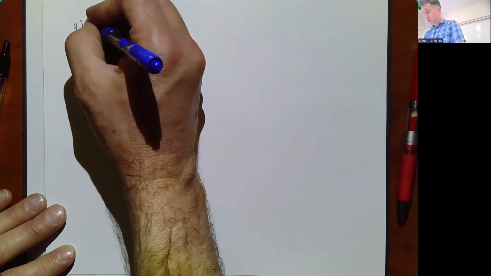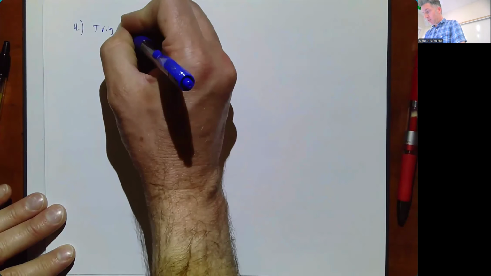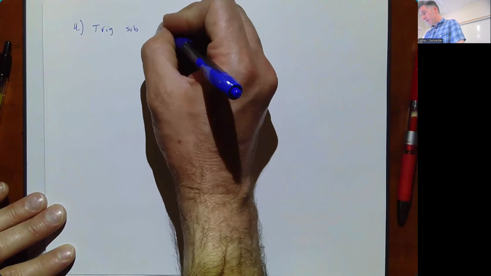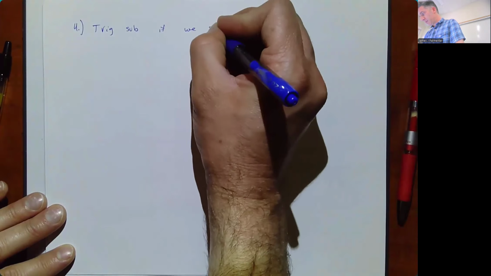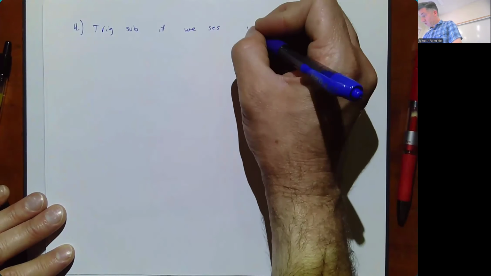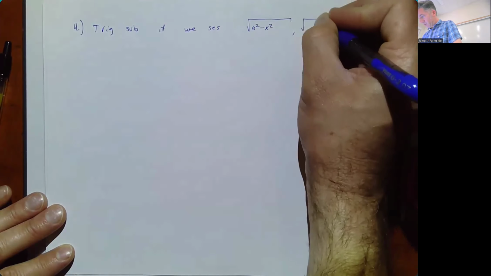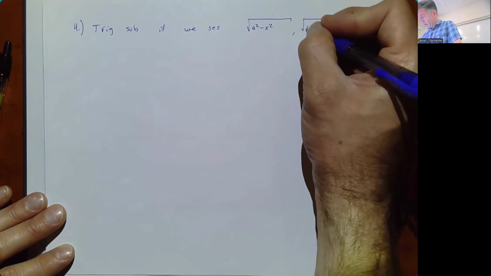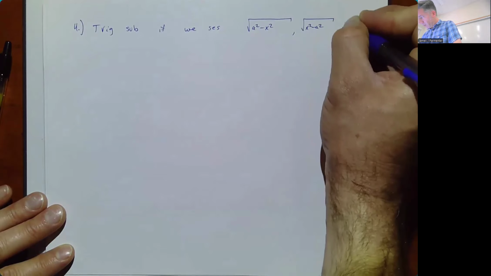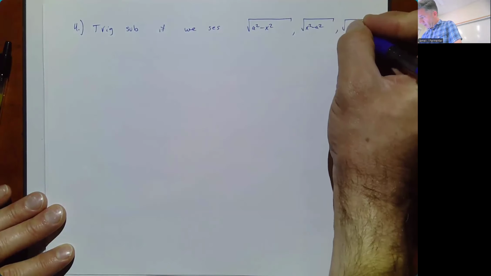So for trig substitution, you're using a trig sub if we see something like the square root of a squared minus x squared, the square root of x squared minus a squared, or the square root of x squared plus a squared.